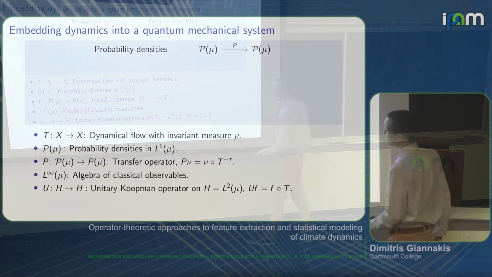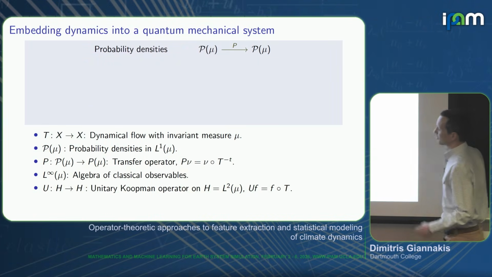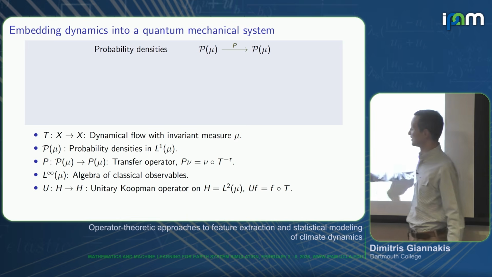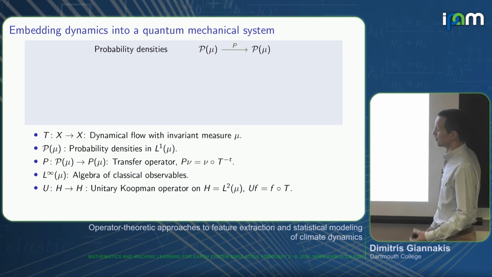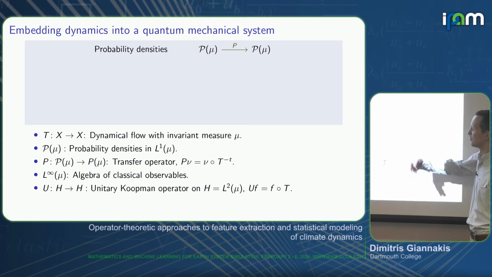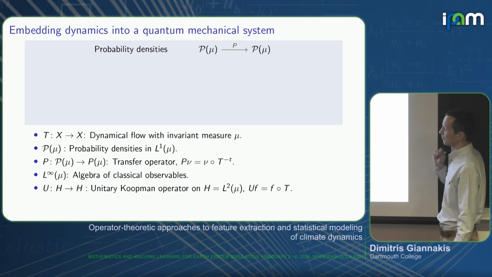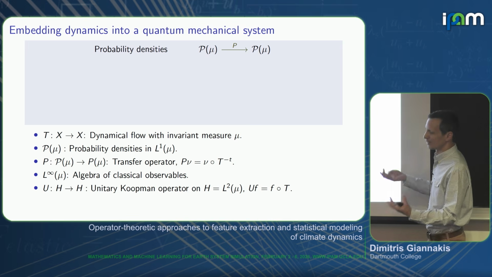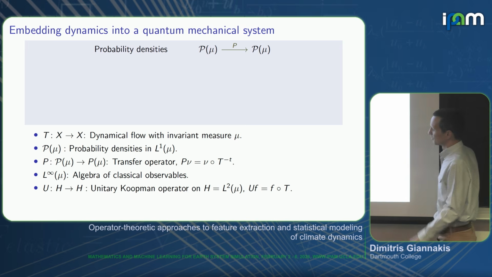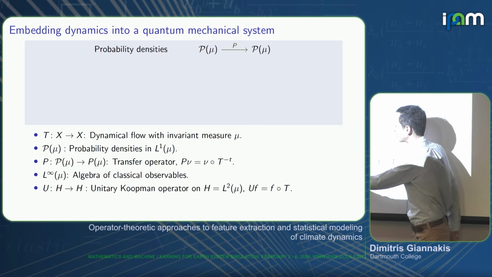So we want to use these operator methods, but from the point of view of data-driven or numerical techniques, a natural space to work with is one in which we have tools like inner products, and we can talk about adjoints of operators. These are very useful numerical tools.